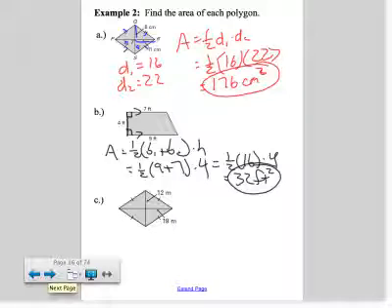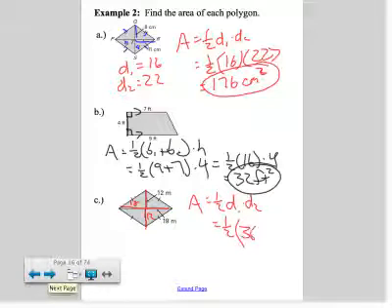And then finally here, looking at part C, again, that's a rhombus. If that's 18, then that's 18. If that's 12, then that's 12, and so for the rhombus, A equals 1/2 D1 D2. D1 here is 18 plus 18, which is 36.